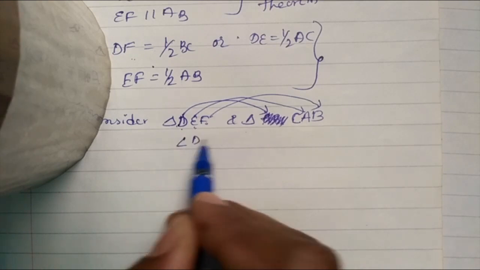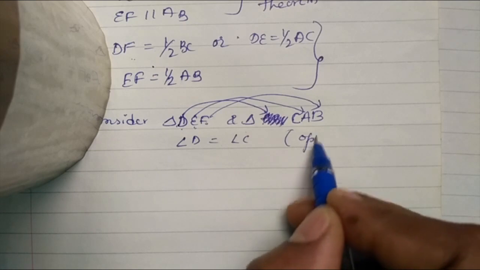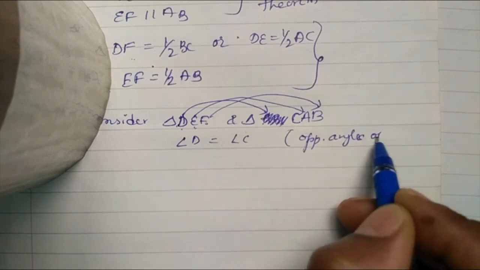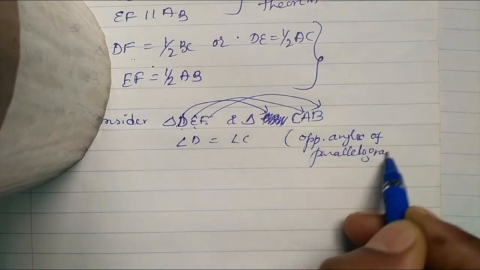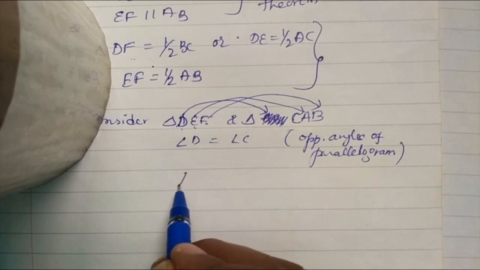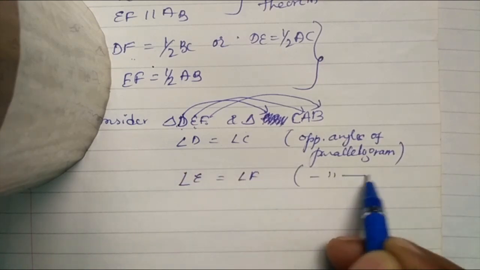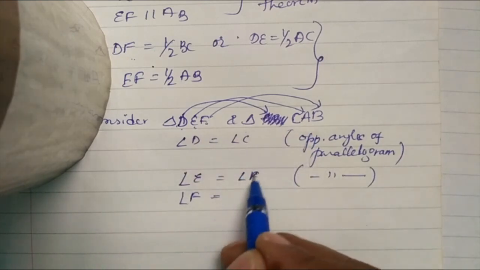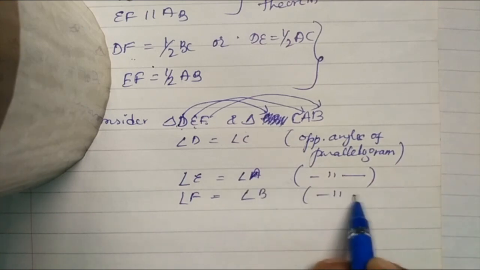Now write angle D equal to angle C. The reason is opposite angles of a parallelogram. Similarly, angle E is equal to angle A, the same reason. Angle F is equal to angle B, that is also the same reason.